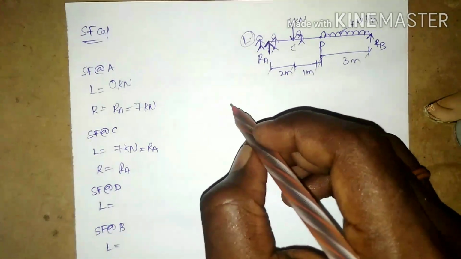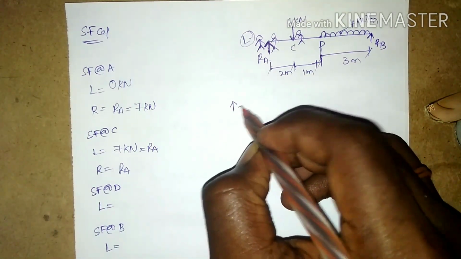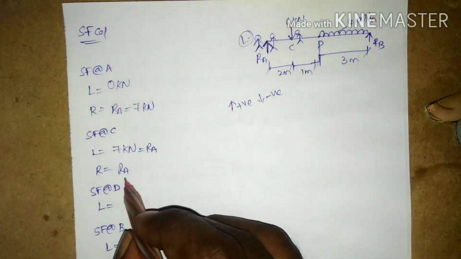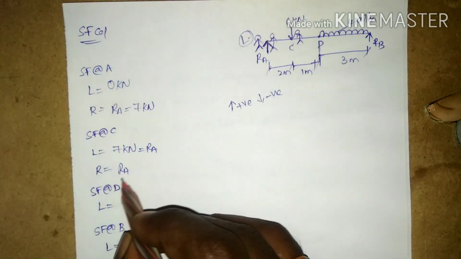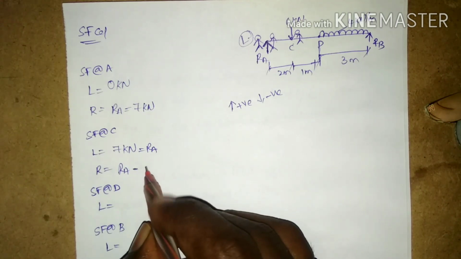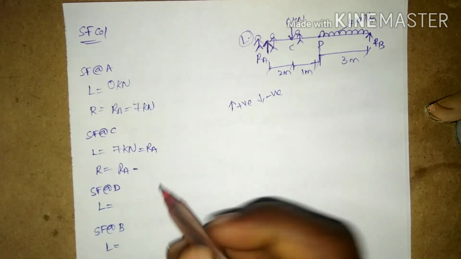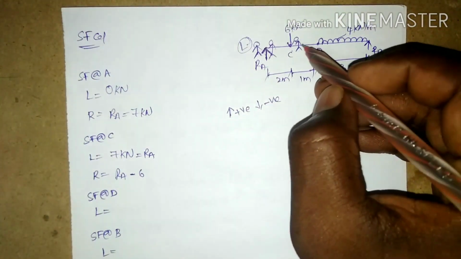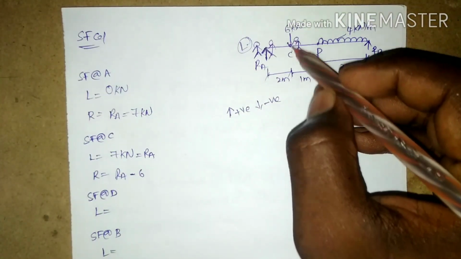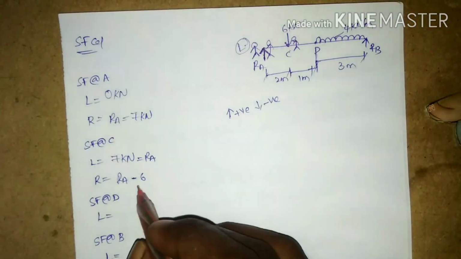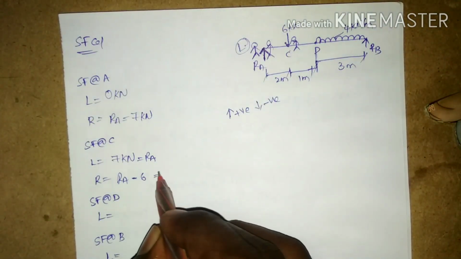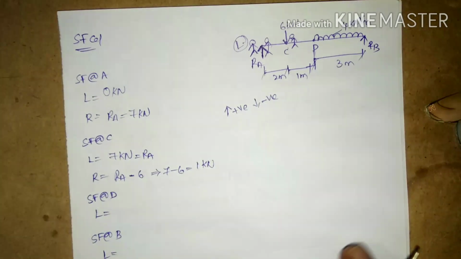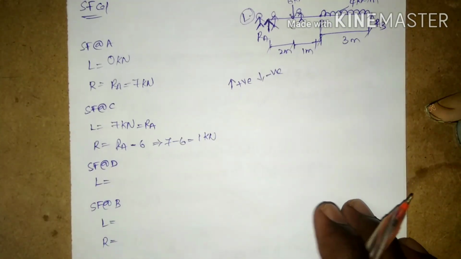Here we have a sign convention that upward is positive and downward is negative, so RA will be positive because it is upward, and negative because the 6 kilonewton point load is acting in the downward direction, so it will be minus 6. 7 minus 6 will be 1 kilonewton. For the right of C we are left with 1 kilonewton.